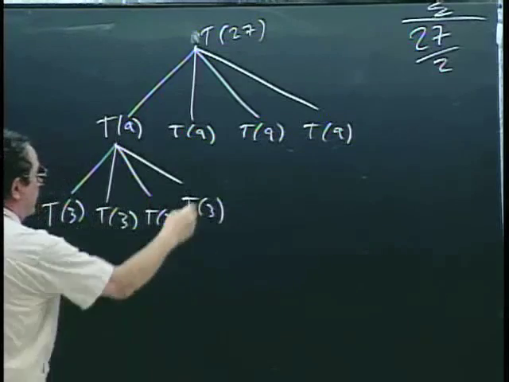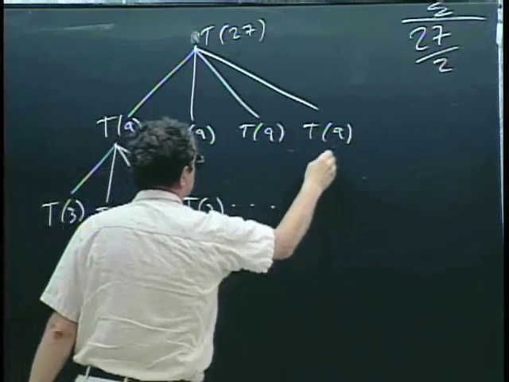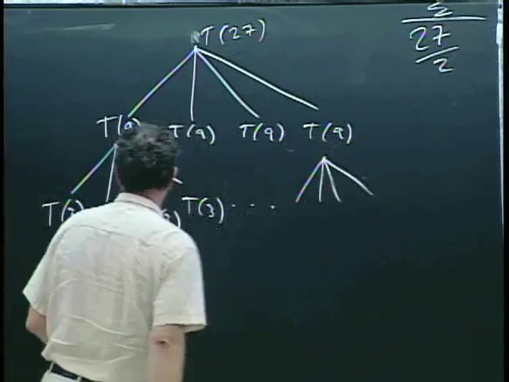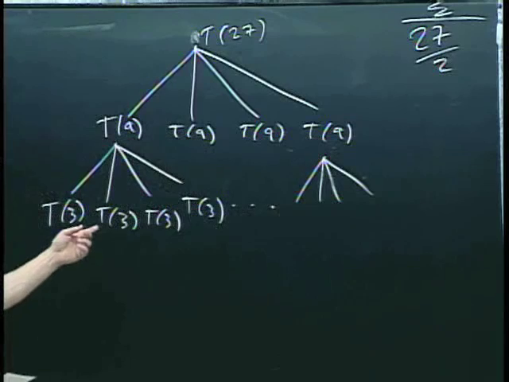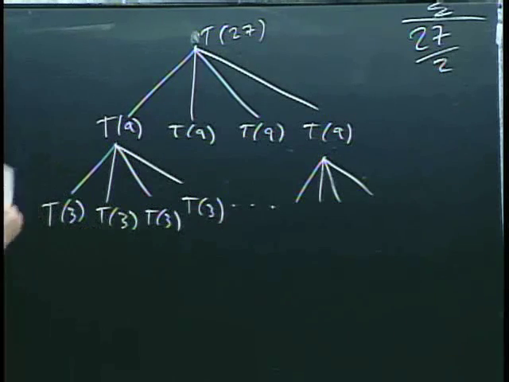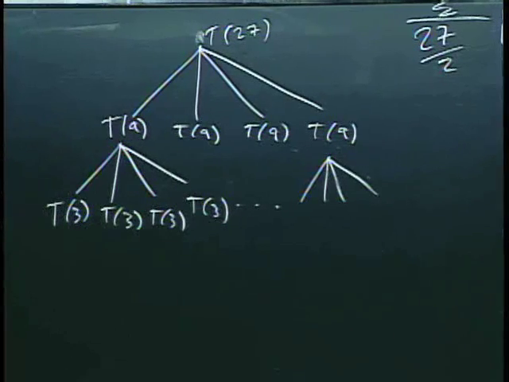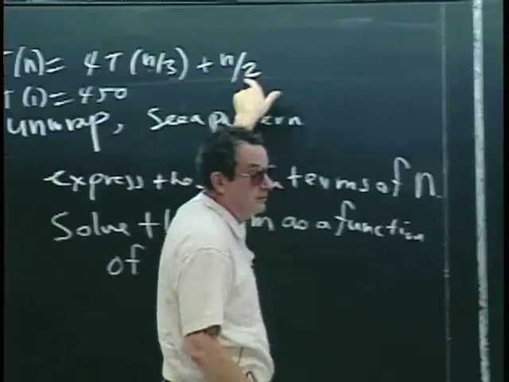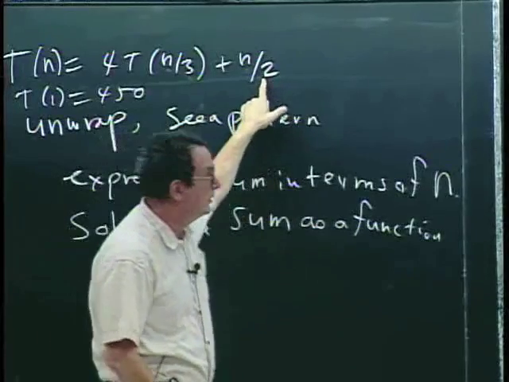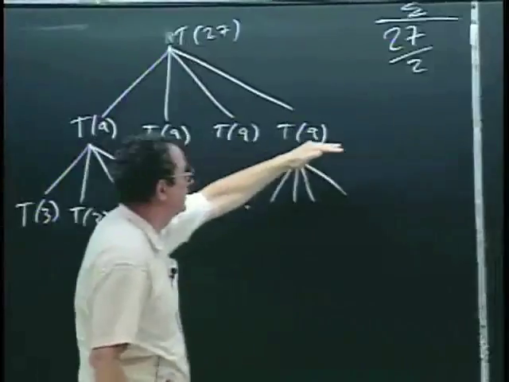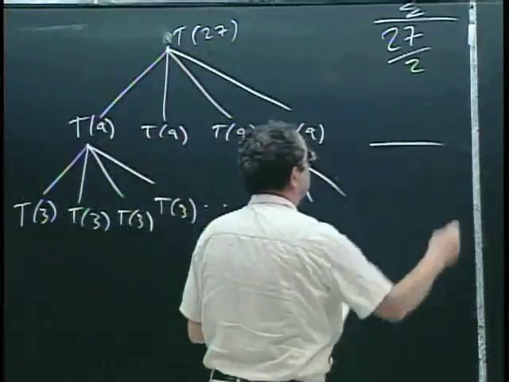Okay? I'm not going to write out the other ones. So we have 4 of those, t of 3. Each t of 9 leaves behind 9 over 2, right? Okay? So what is in the sum at this level?